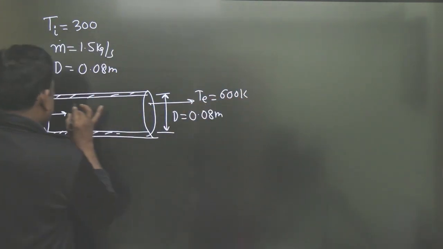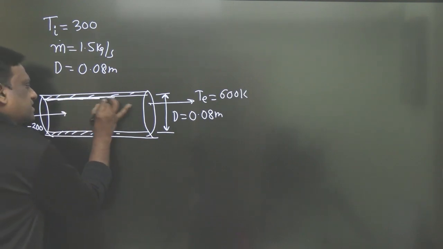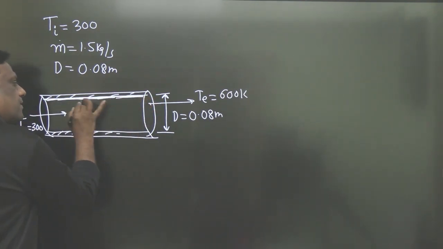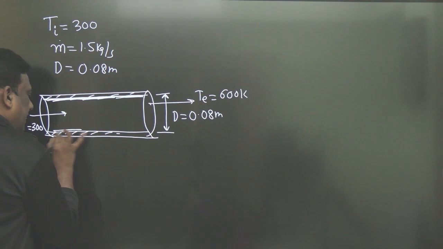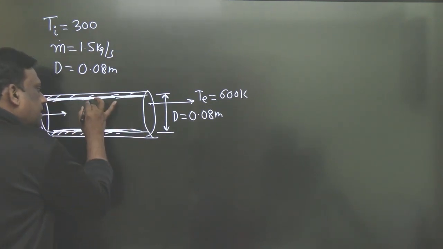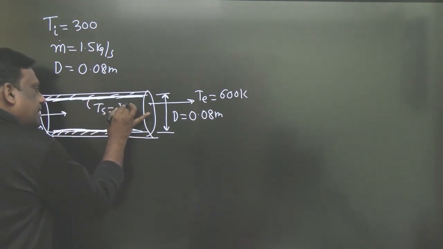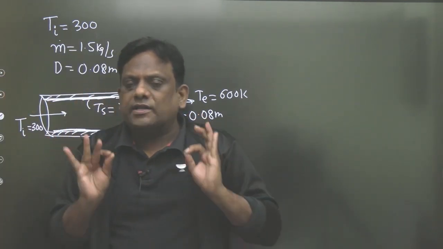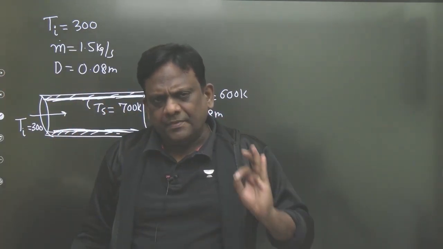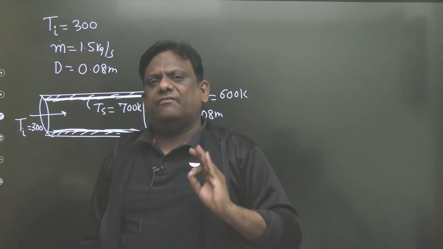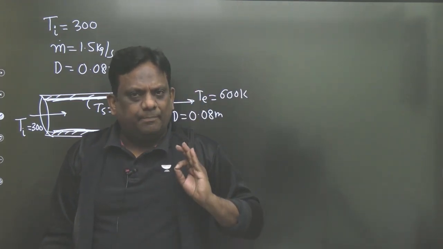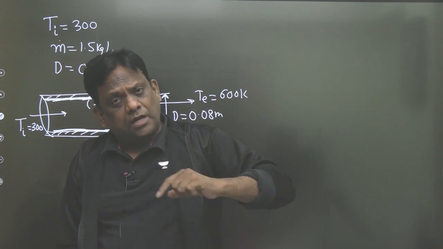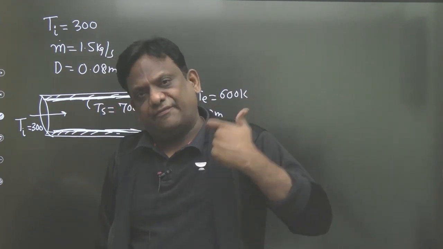And one more thing, the inner wall surface temperature of the pipe is maintained at 700 Kelvin. So this is a question on constant surface temperature. I have discussed in my regular convection classes on Unacademy Plus, constant heat flux and constant surface temperature.